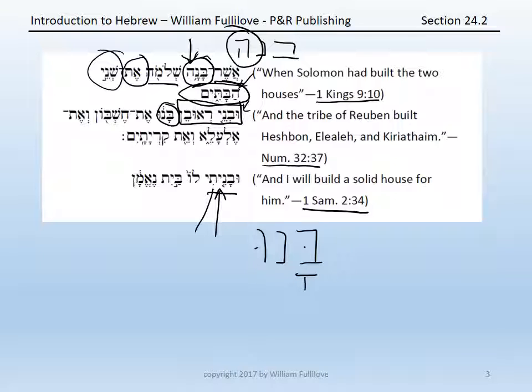There is no dagesh in the tav because it follows the vowel sound of the mater. And in fact, there is no dagesh in the bet because it follows the vowel sound of the conjunction u. So, and I will build for him, lo, a solid house, bayit ne'eman.